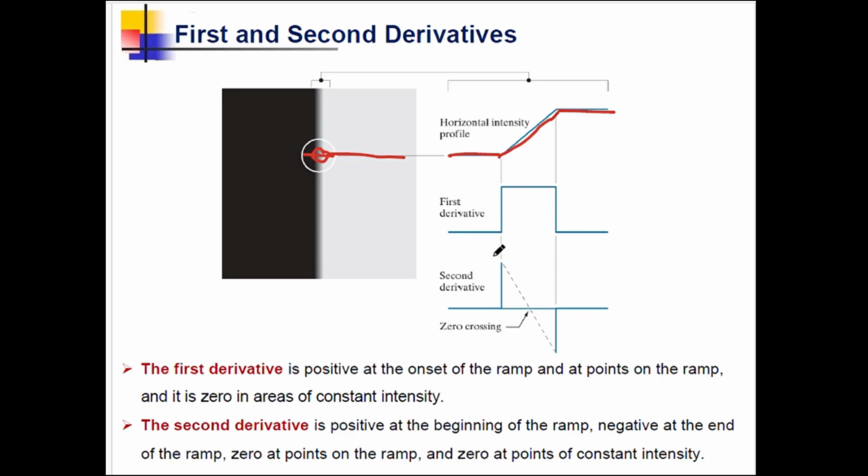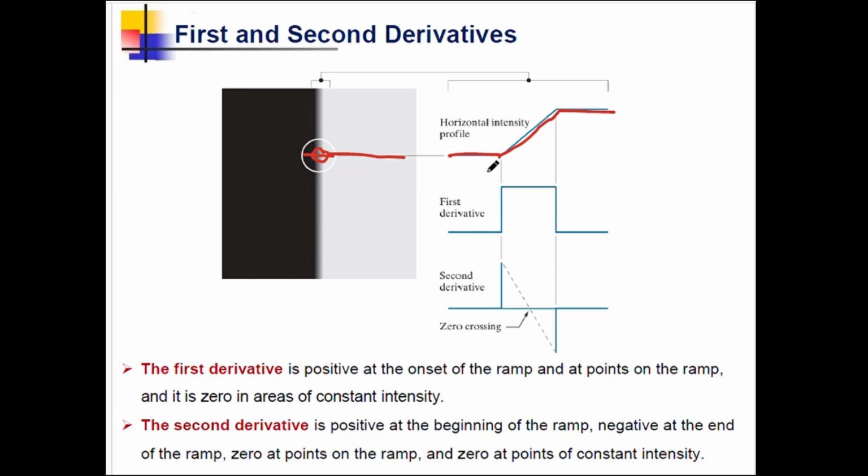So how is the first derivative? See the first derivative. The first derivative is positive at the onset of the ramp. For this ramp, this is the plot of the first derivative and this is the plot of the second derivative. You can get information about the first and second derivatives in the image sharpening concept. The first derivative is positive at the onset of the ramp and at points on the ramp, and it is 0 in areas of constant intensity.